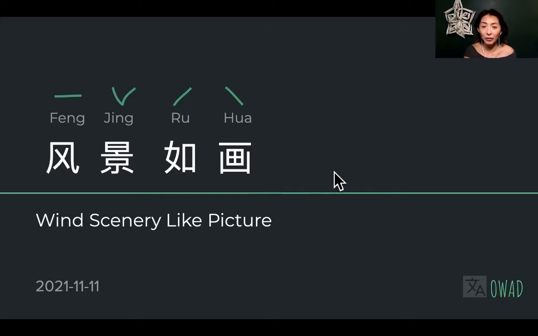So all together, 风景如画. And you can see the 4 colored, big, hand-drawn strokes for me to show you the pronunciation. The Chinese 4-tone system drives a lot of people crazy, like how to even master that.